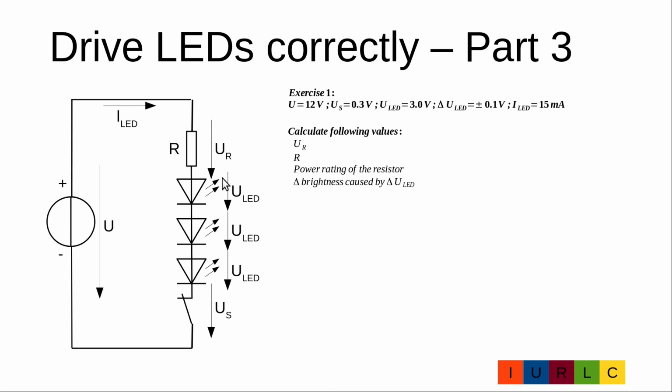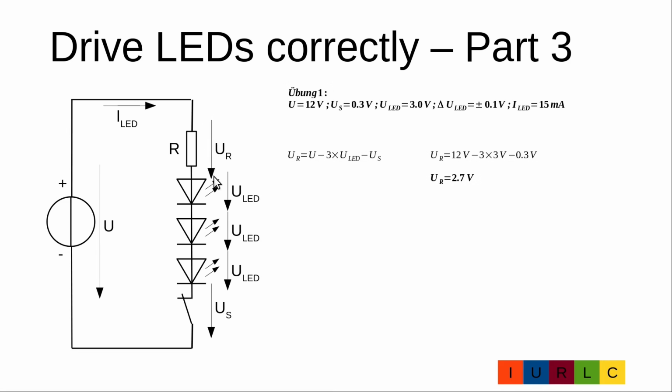Calculate the voltage drop UR, the resistance R, the power dissipation in the resistor R and the brightness tolerance caused by the LED forward voltage tolerance. Press the pause button and do the math yourself.